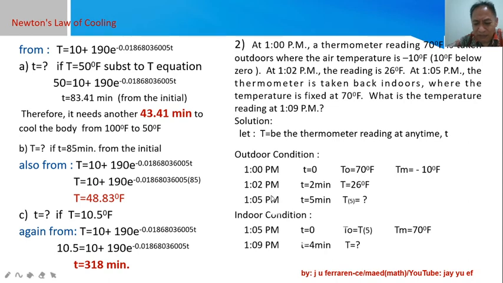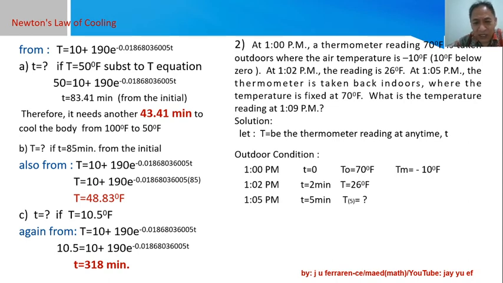So, at 1 p.m., initially, time is 0, so the T sub O is 70 degrees Fahrenheit. Temperature of the surrounding is minus 10 degrees Fahrenheit. So I simply collect the given here. And at 1:02, meaning it takes 2 minutes, and the reading becomes 26 degrees Fahrenheit.